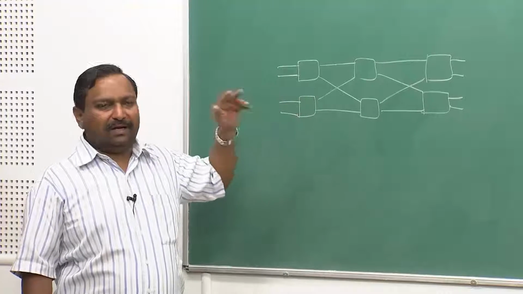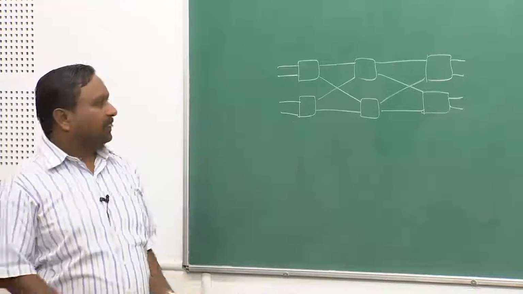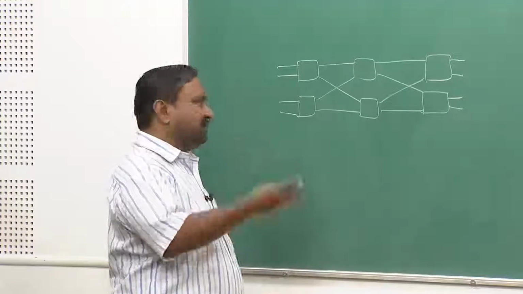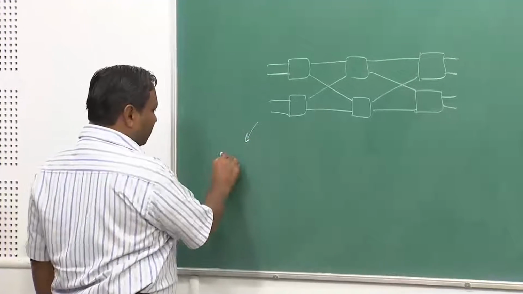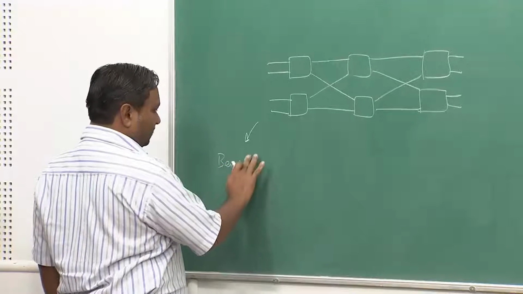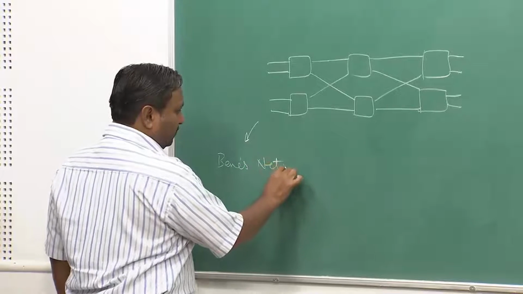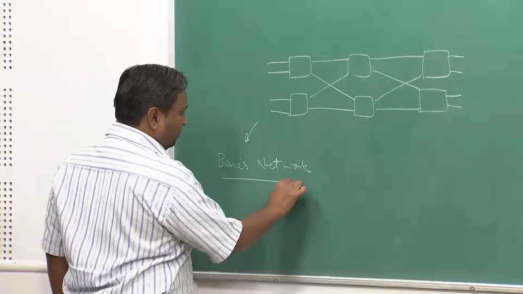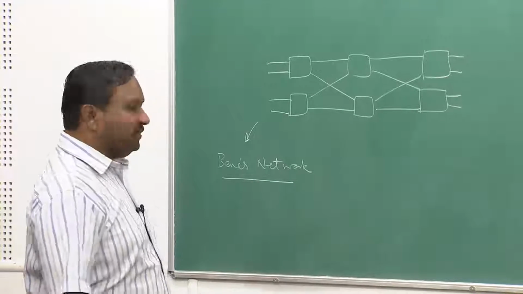I can show you how the blocking happens and how this can be resolved, and then we will look into how we will recursively construct. This is a subclass of closed network, we call it Baines, in honor of V. E. Baines.